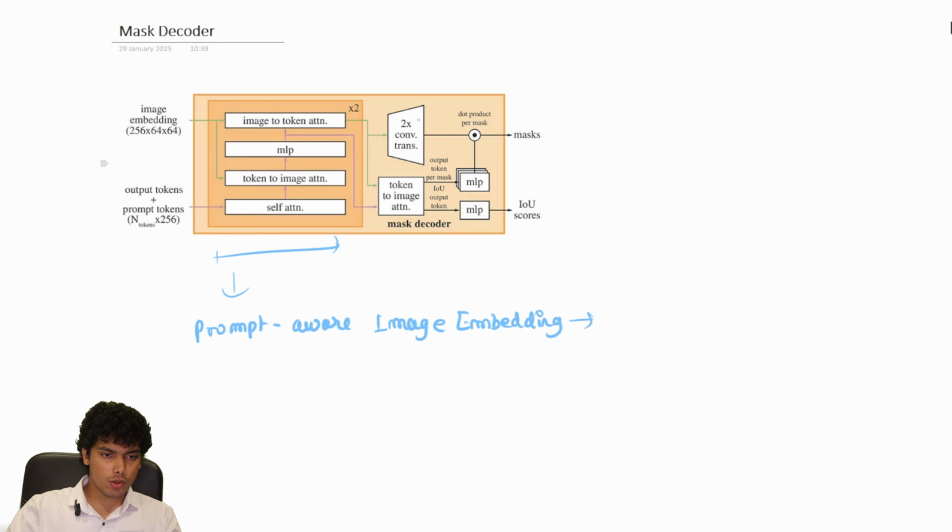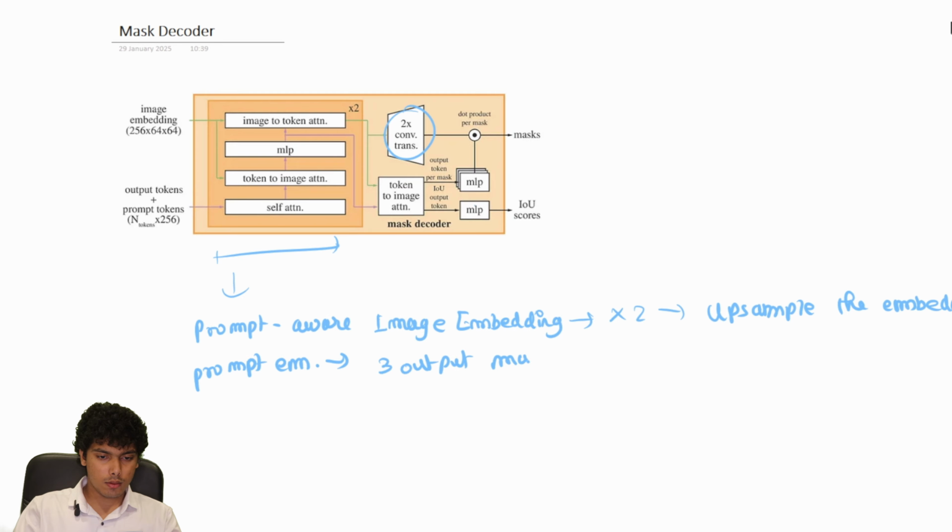After that, from the prompt embeddings, we extract the 3 output masks and we send them through an MLP module in order to map each of them to 256 dimensional features.